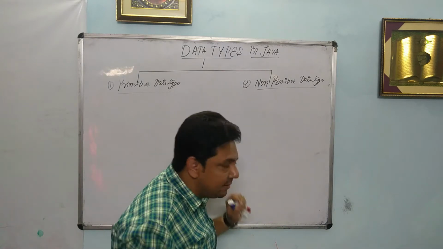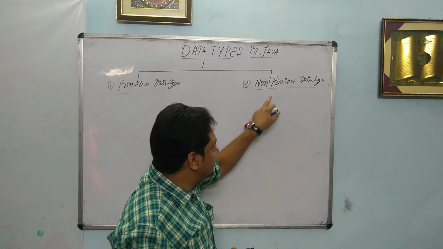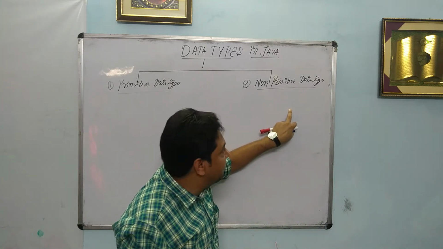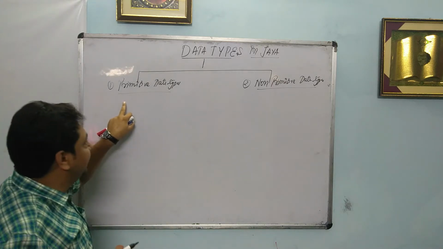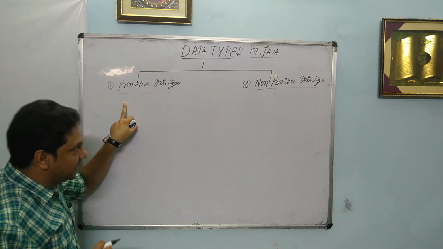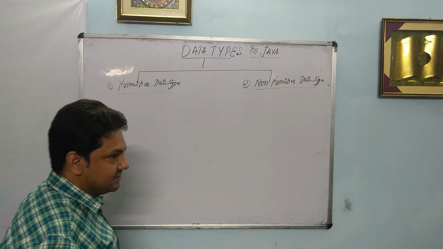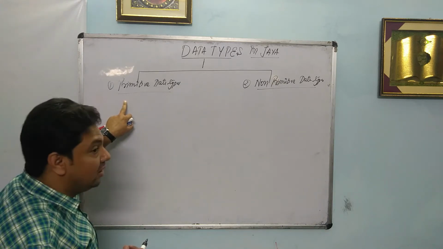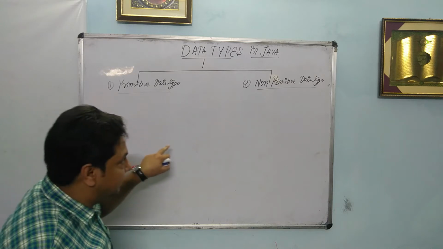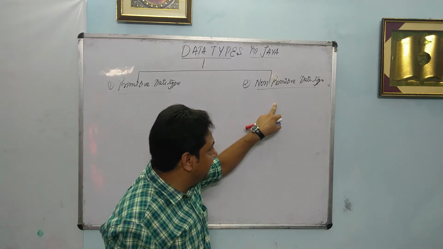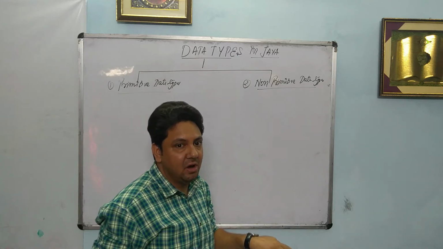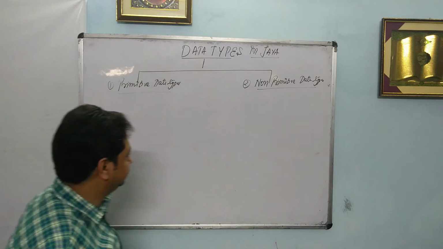What about non-primitive data types? These are created by the user and can be constructed with the help of primitive data types. Second difference: the size of a primitive data type is always fixed, but the size of non-primitive data types varies according to the need or requirement of the user.